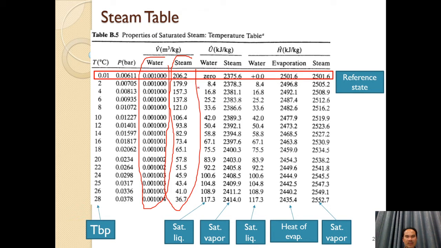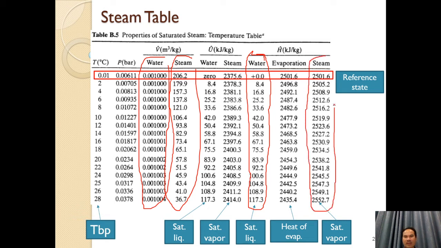But for the enthalpy, we have three columns. The first column is the enthalpy of the liquid. The last column is the enthalpy of the steam or vapor. The middle one is the evaporation, the heat of vaporization. You can also calculate it based on the difference between the enthalpy of the steam minus the enthalpy of the water.